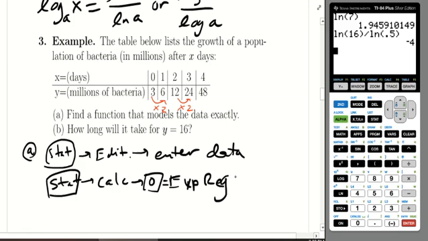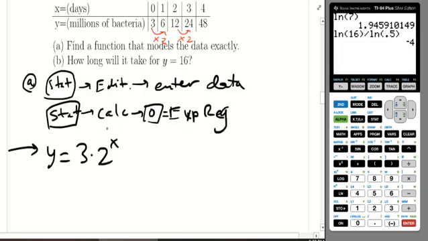What we would get is y is 3 times 2 to the x, because 3 is the coefficient, that's the y-intercept, and 2 is the base. Part B is asking to solve for x when 16 is equal to 3 times 2 to the x.